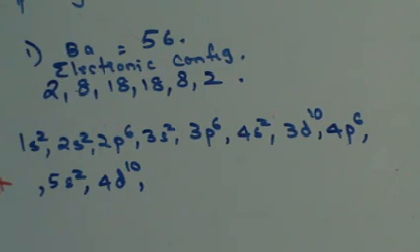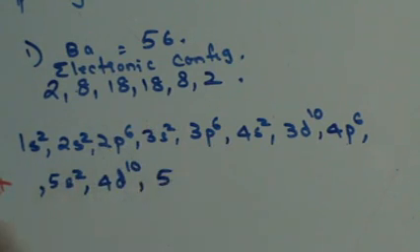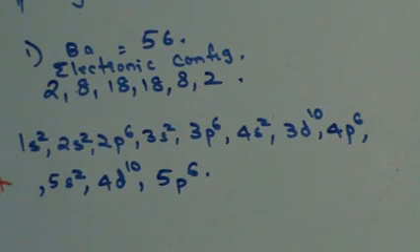D is 10. SPD, D is 10, F is 14. Right? Now after 4d you have 5p. 5p6. See how many electrons are gone?